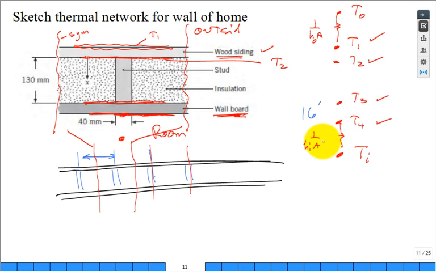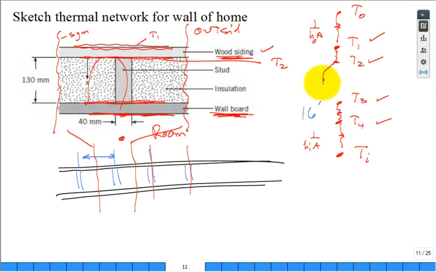But what do we have going on? This is a continuous slab for the wallboard, so that's easy. And then this is the slab for the siding. But what do we have here? Oh, we could go through the insulation or we could go through the stud. And the thermal conductivity of the insulation is a lot different than the stud, so I have two paths.